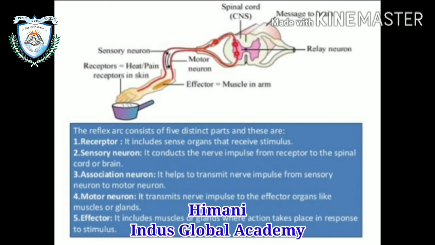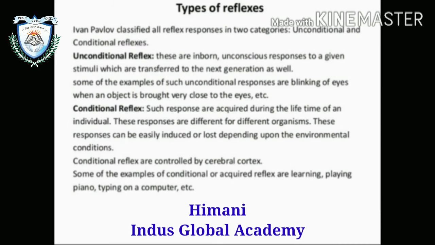The association neuron helps to transmit nerve impulses from the sensory neuron to the motor neuron. Then the motor neuron transmits nerve impulses to the effector organ like muscles or glands. And now what is the effector? Effectors include muscles or glands where action takes place in response to that stimulus.